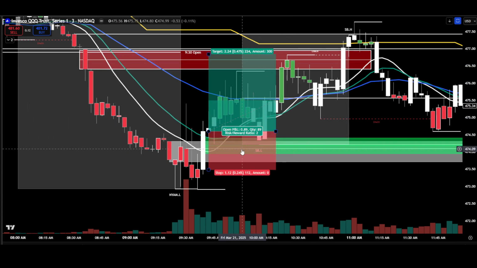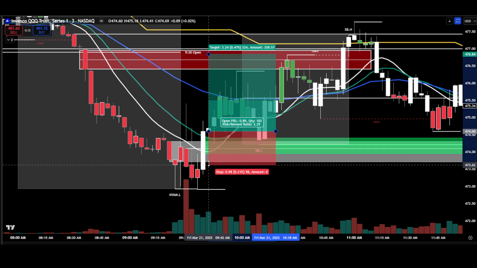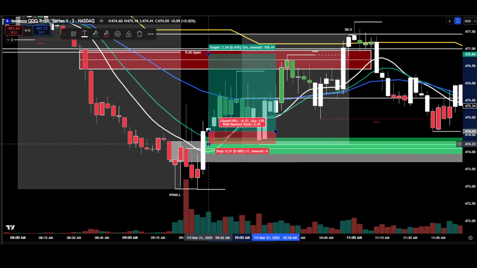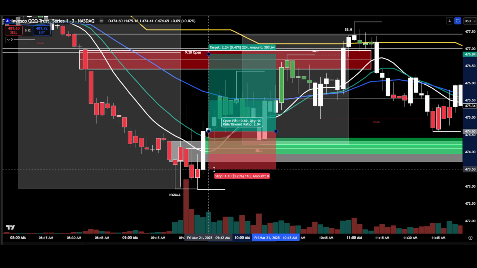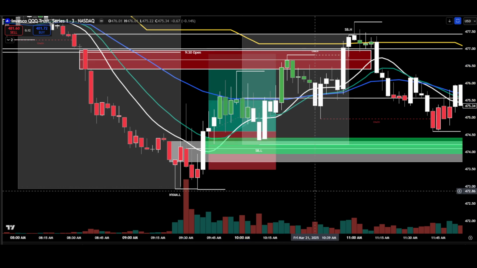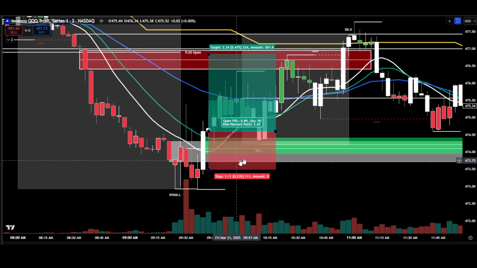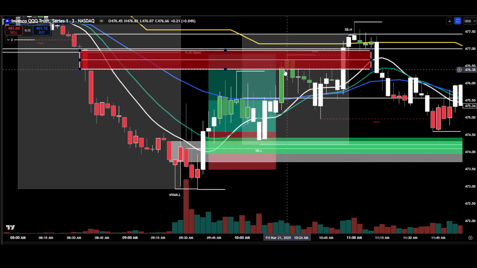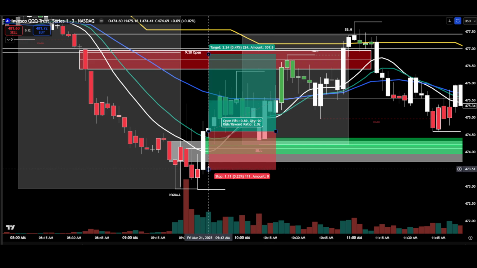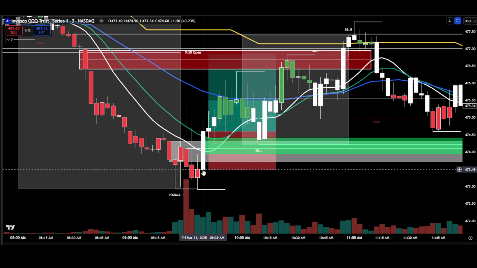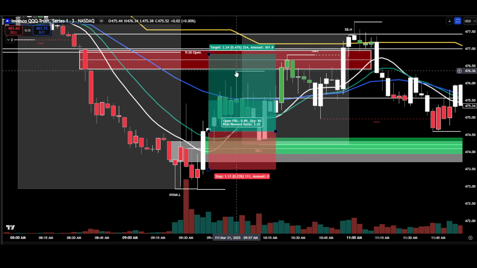And then how we can run that is we can also move our stop up, if we want to make sure we don't get stopped out at all, or you can just leave that stop the same. I probably would run that stop the same until we started to make this move up, and then I would start adjusting, because we have an internal swing high, then another internal swing low.